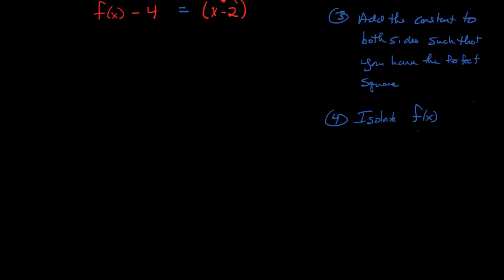If we isolate f of x, we're going to add 4 on both sides, and we get f of x equals x minus 2 squared, all plus 4. And that is going to be the complete square form.